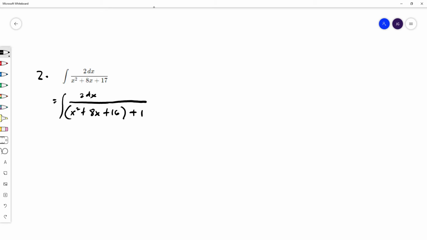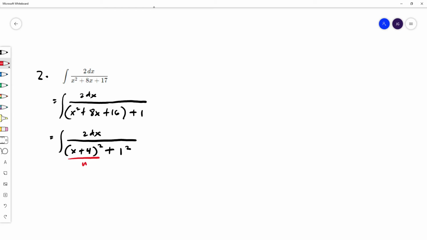Okay, and for this one, you can simply say that our denominator can be written as x plus 4 squared, and also plus 1 squared. So we're not done here yet because we need to get our u, right?